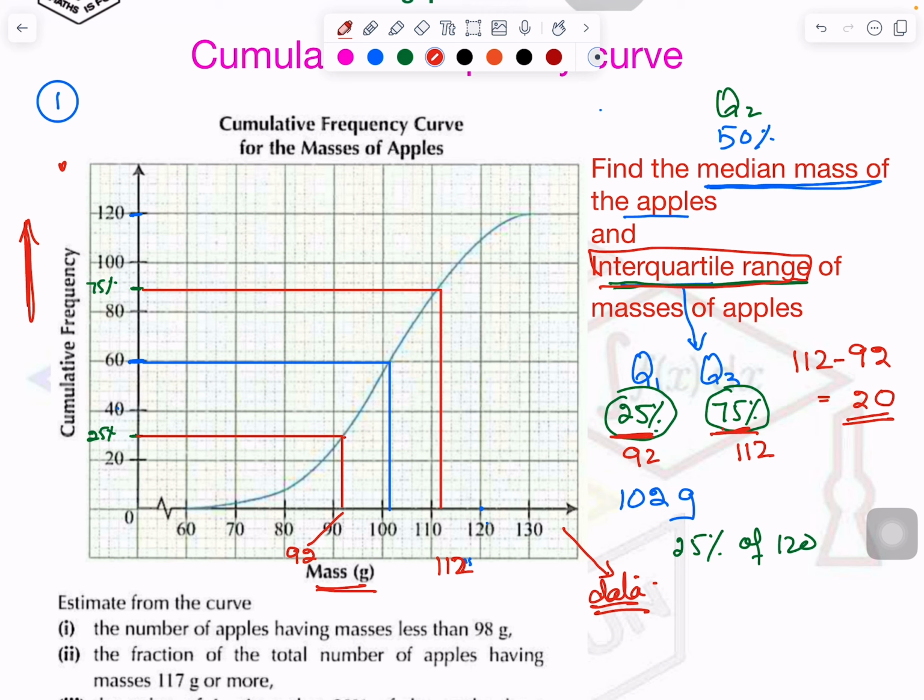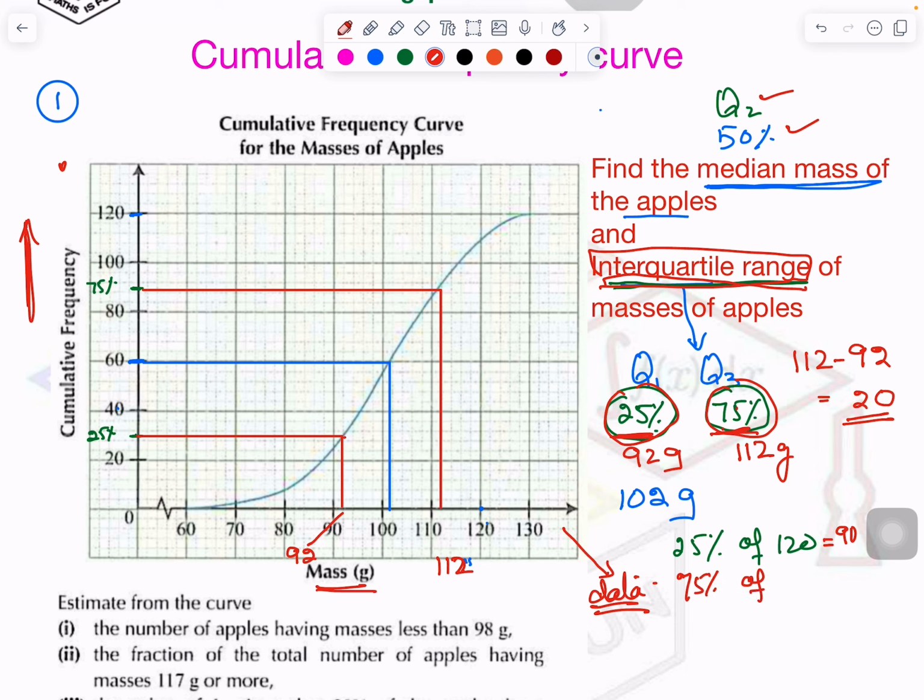Okay. So now let's answer the other question. I hope you understood. I'm repeating again. Median means 50%, represented by Q2 at times. Interquartile range means 75% data minus 25%. So at 75%, I noticed it was 112 gram, and at 25% it was 92 gram. And how did I find out? I calculated what is 25% of 120, which is 30, and then I calculated what is 75% of 120.